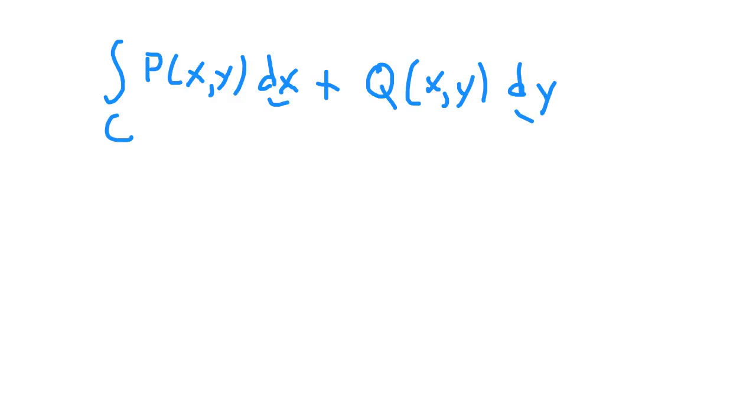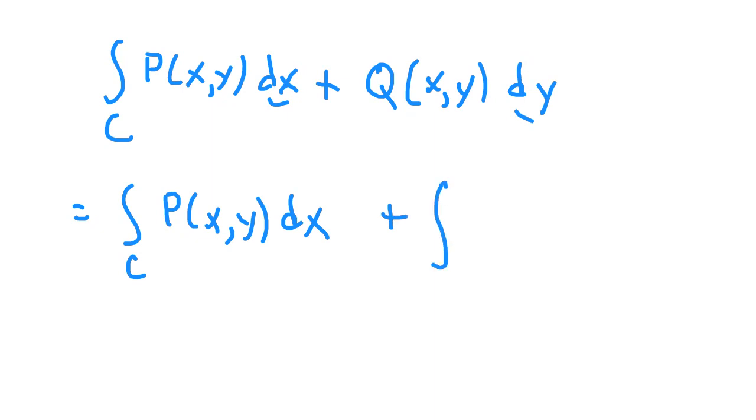Either it's an integral with respect to x or an integral with respect to y, and I see a dx here and a dy here. How can that be? But this is notation for the sum of two line integrals. The first line integral is a line integral with respect to x along that space curve C, plus another line integral along that space curve C with respect to y. There are reasons for using this notation, and so you're going to have to get used to it.